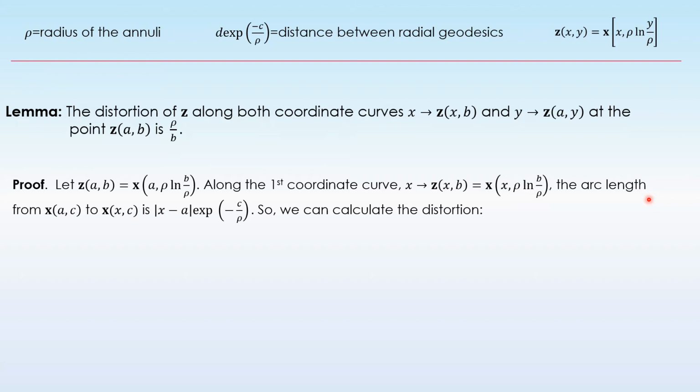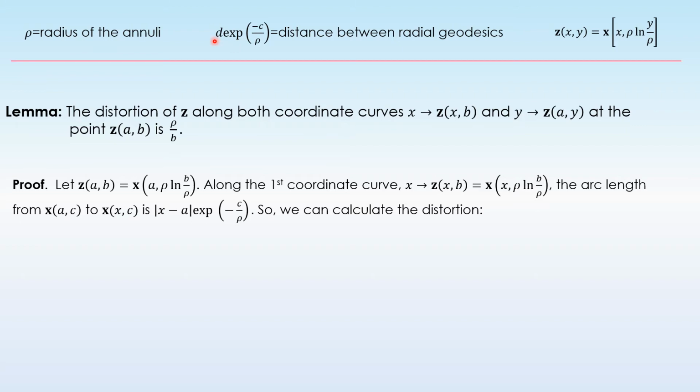And what we're looking at is the arc length from χ of (a, c) to χ of (x, c), which, if we refer back to the definition for the distance between these radial geodesics, is the arc length between them.